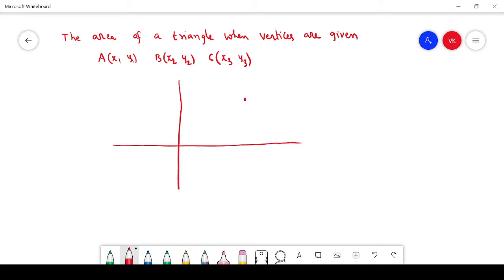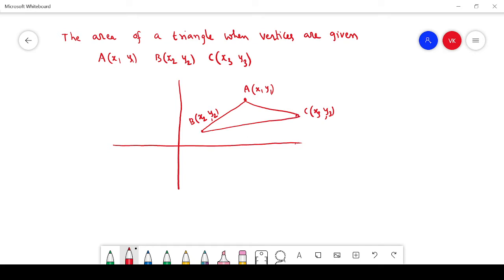I will take point A as x1, y1, point B as x2, y2, and C as x3, y3. These three do not lie on the same line, so they form a triangle. Our aim is to calculate the area of this triangle.